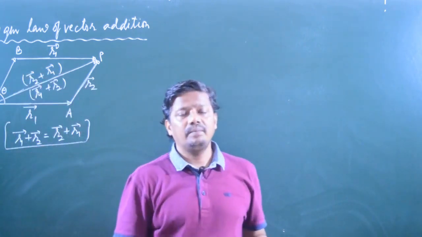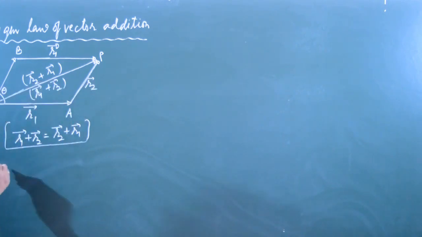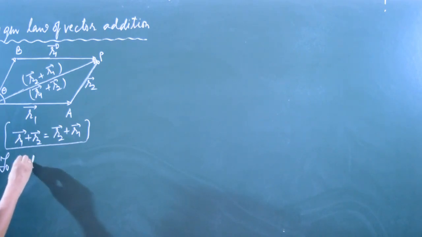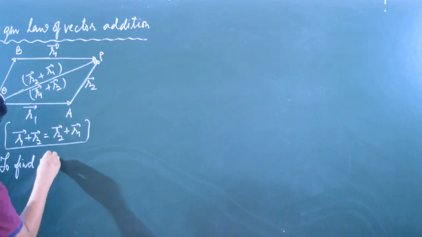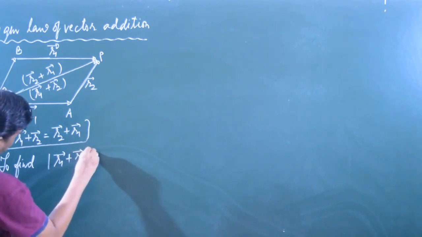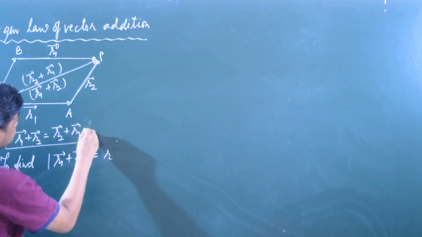What we have to find here? We have to find the magnitude of the resultant of the two vectors. To find the magnitude of the resultant of two vectors, the resultant is suppose vector R. What did we denote it by?